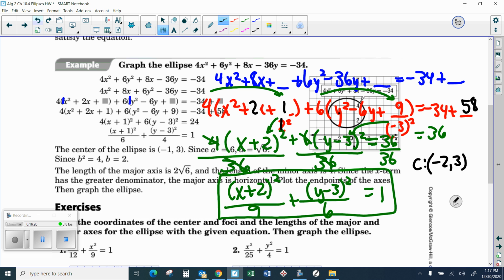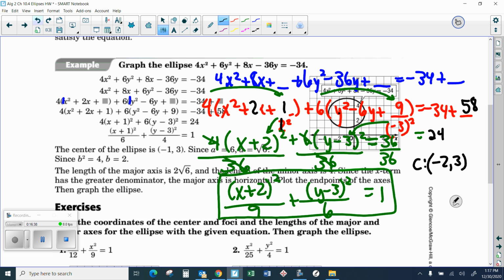That's what I did wrong there. And this one's fine right here. Okay. So 58 minus 34 is 24.